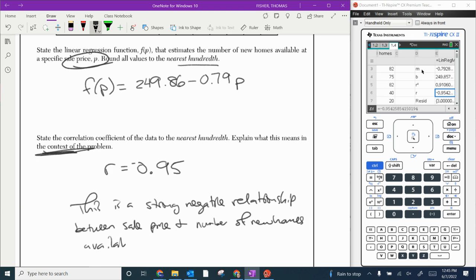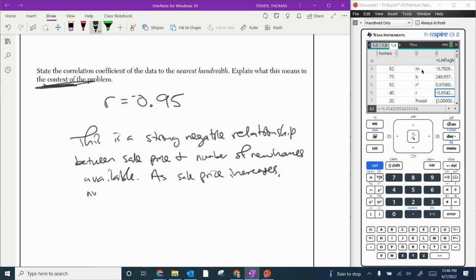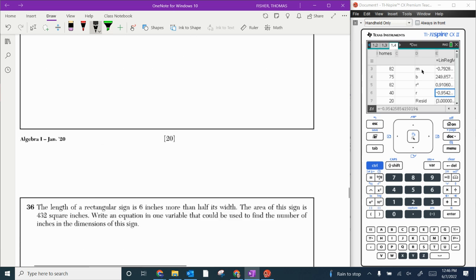It wouldn't hurt to say a little bit more than that too: as sale price increases, number of new homes decreases. That's what the negative relationship means. As one goes up, the other one goes down. And that's it. Moving on to 2 more questions to go.